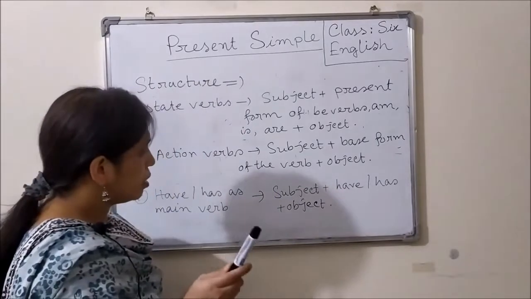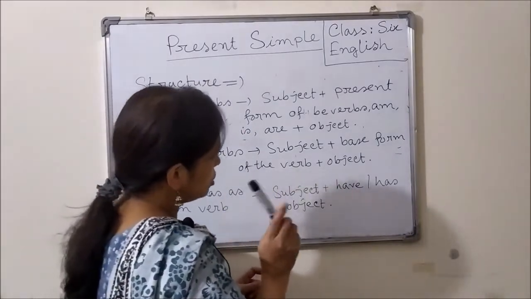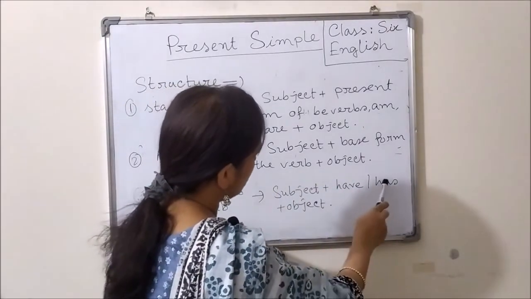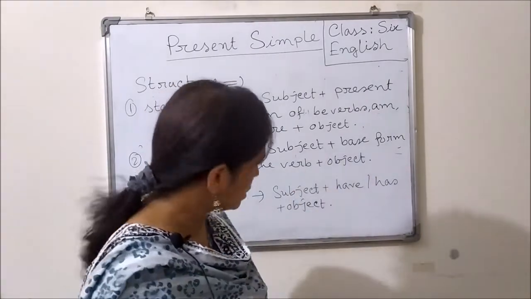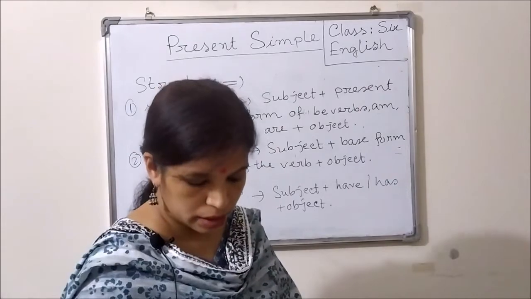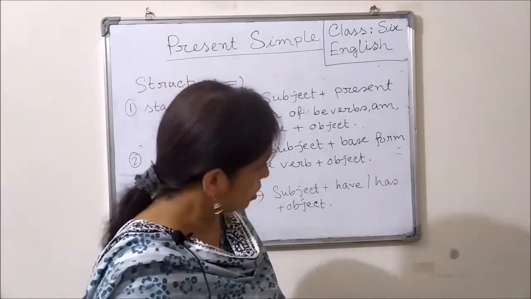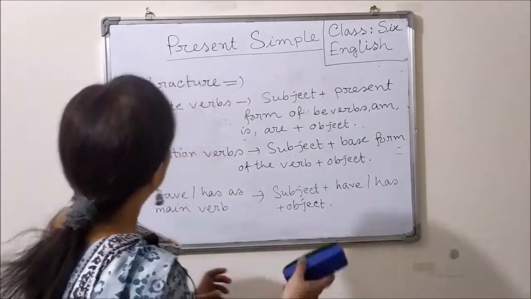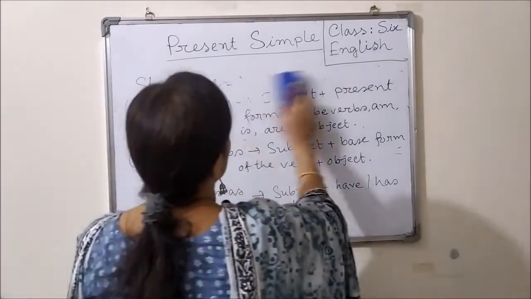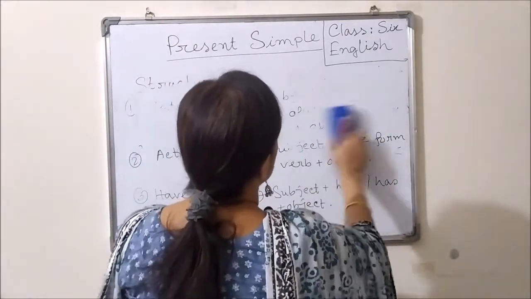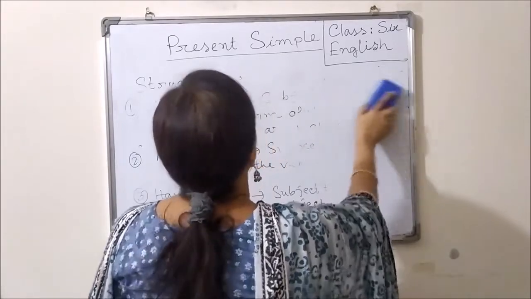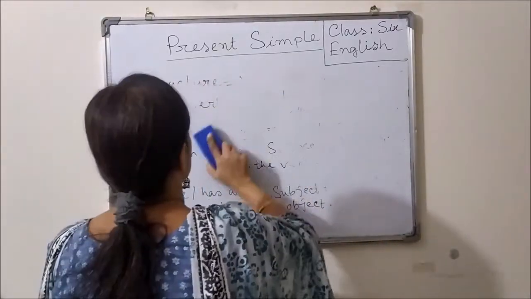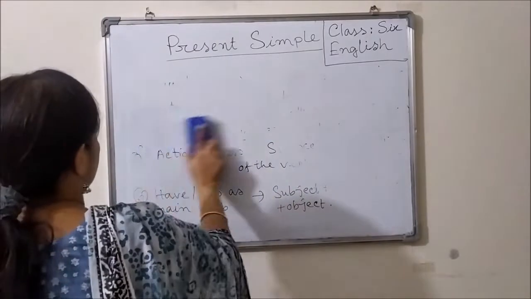So the structure of the sentence will be subject plus have or has plus object. We will discuss examples in the next steps, three types of structure, with more examples.